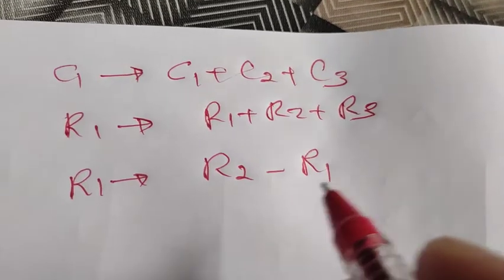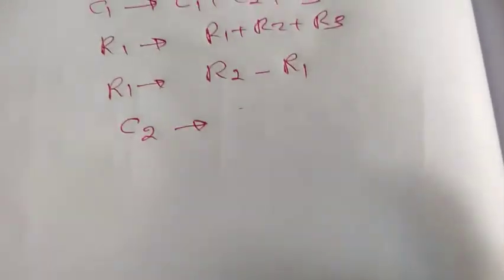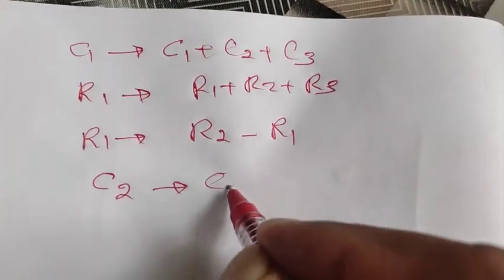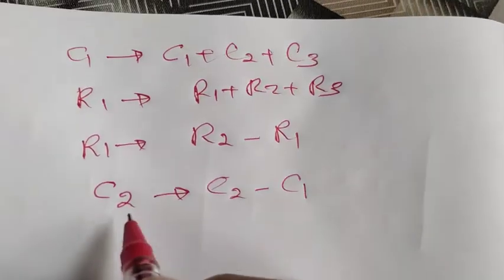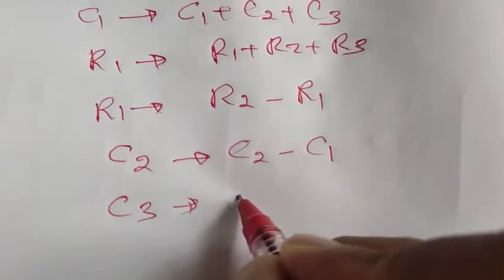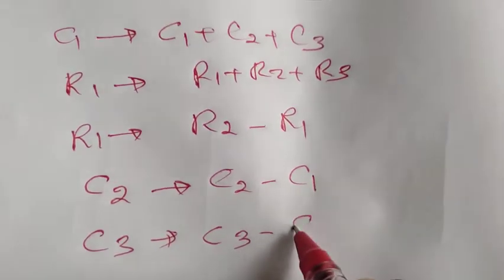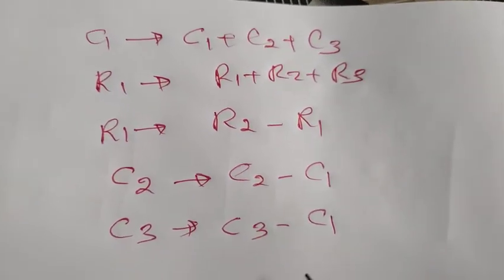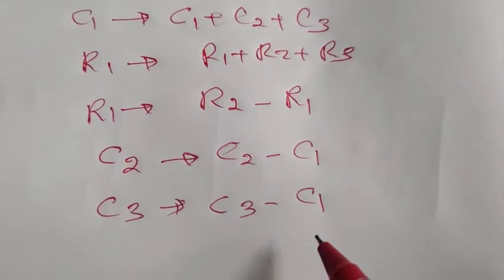We are changing two columns: C2 is C2 minus C1, and C3 is C3 minus C1. Like that you can use these techniques for reducing a determinant.